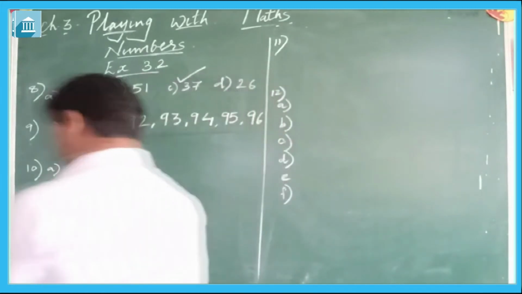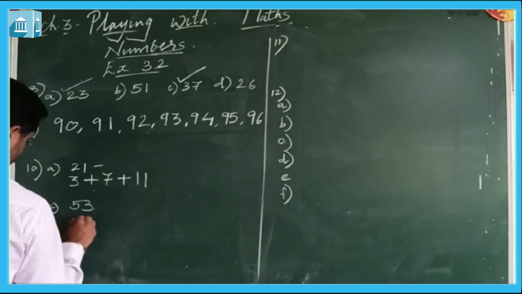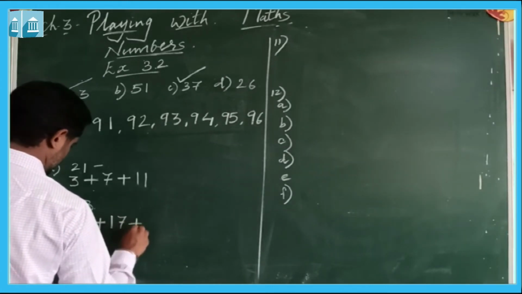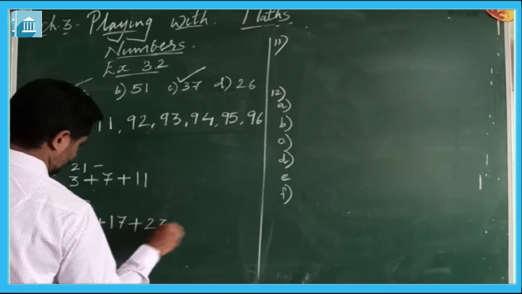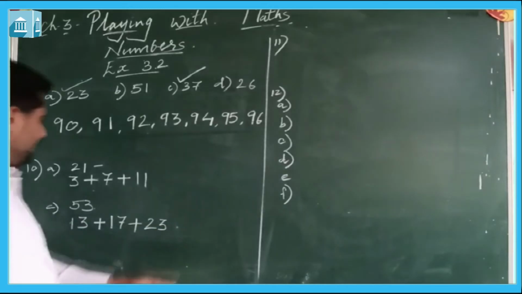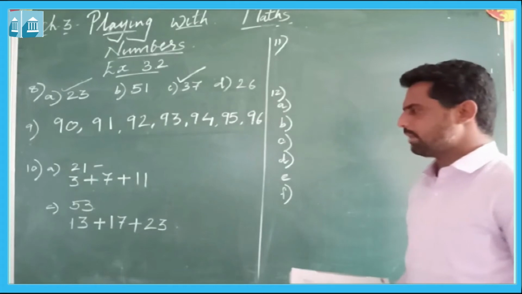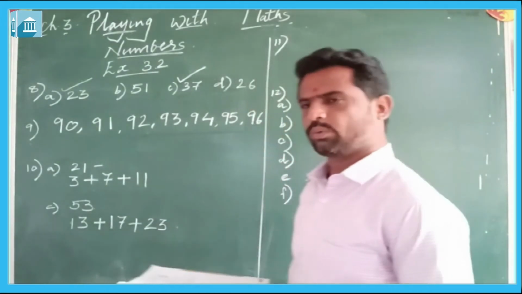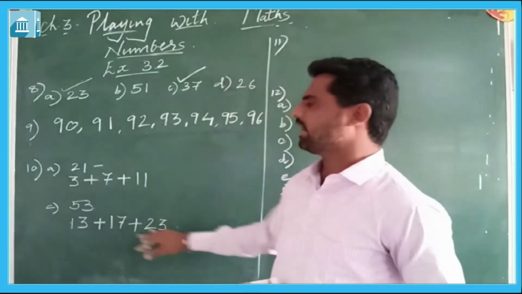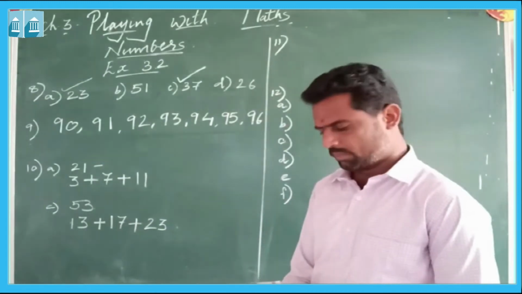Now 53. 53 can be written as 13 plus 17 plus 23. 13 plus 17 is equal to 30, and 30 plus 23 is equal to 53. Now this sum is 53, and these are the three odd primes.